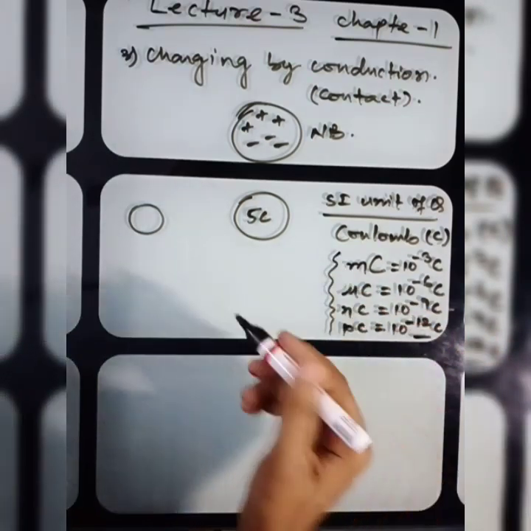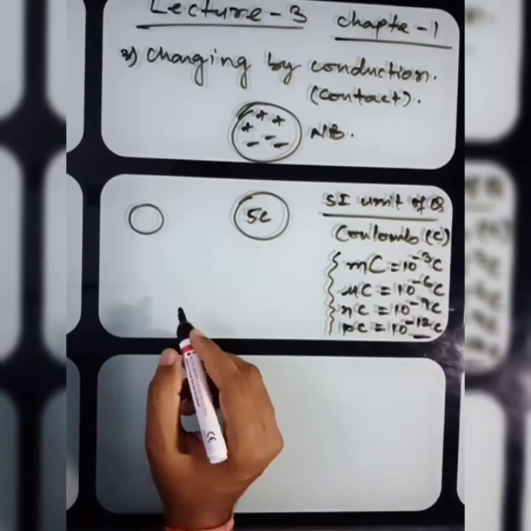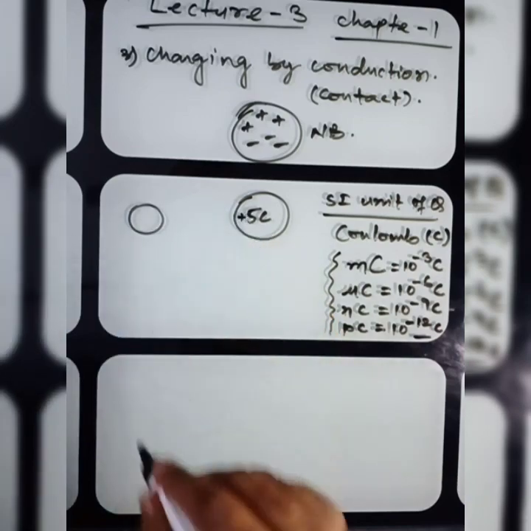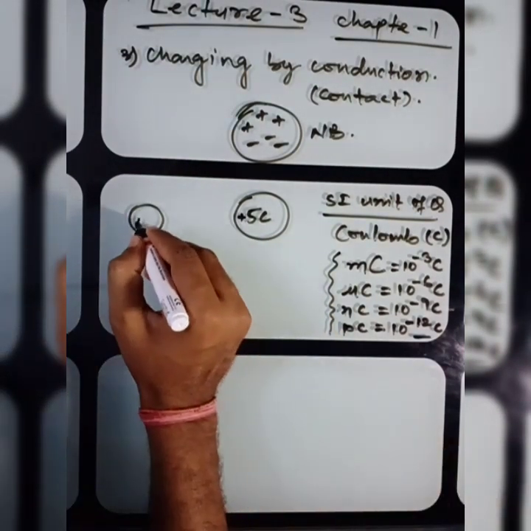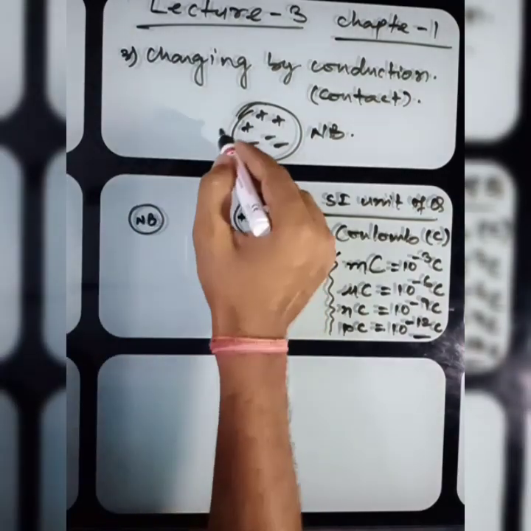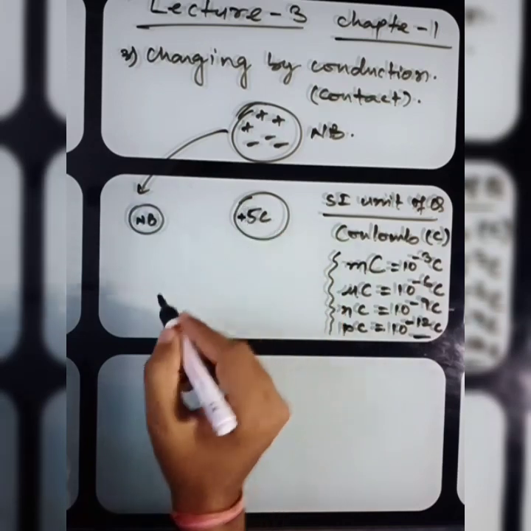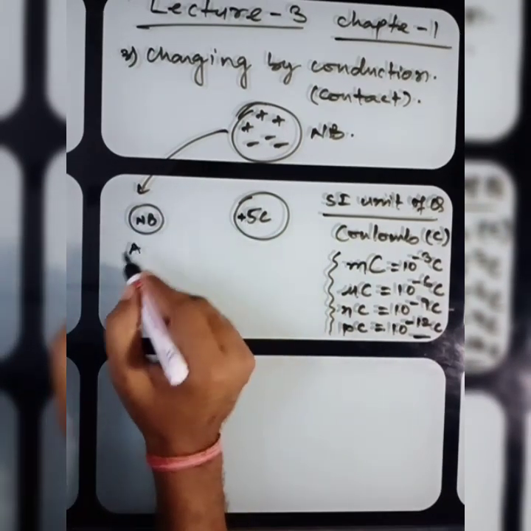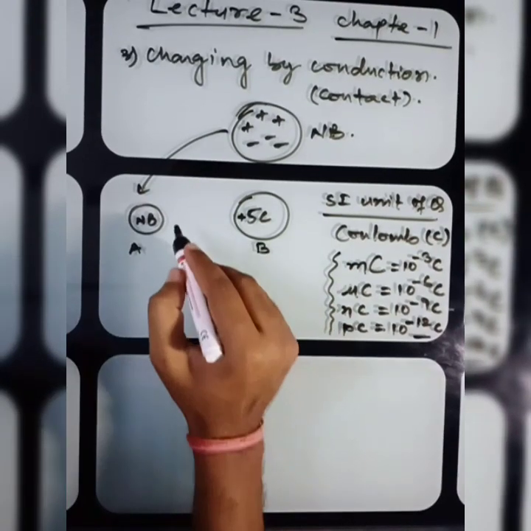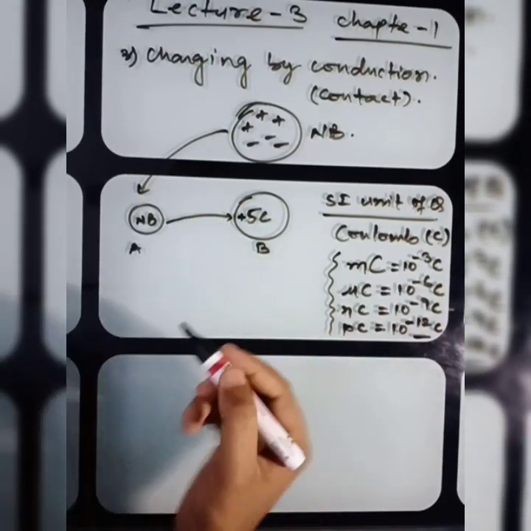Now students, suppose you have a positive 5 coulomb charged body A and this is a neutral body B. If you make contact between body A and body B, then what will happen?